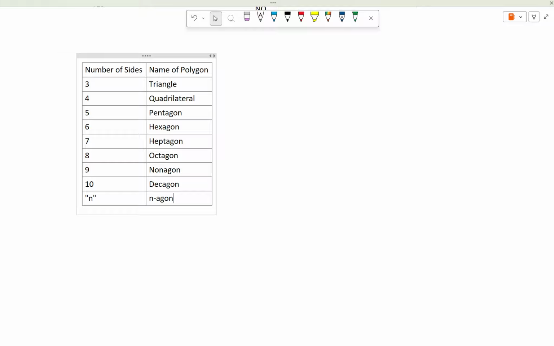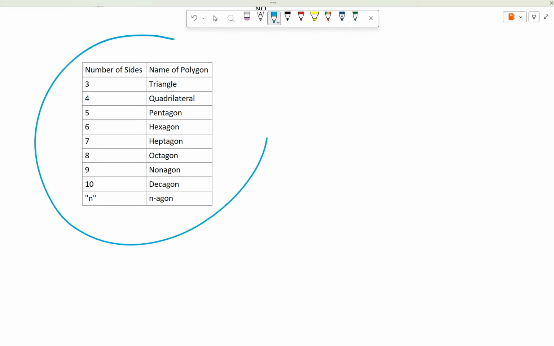It's called the hendecagon, and nobody really cares. After 10 sides, you can literally just say the number and then agon. An 11-sided figure is called an 11-agon. A 20-sided figure is called a 20-agon. That is acceptable because what we really need to know is how to utilize this as we're learning, and how to use it formulaically.